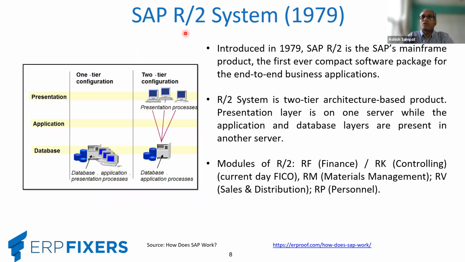And then when R2 was introduced in 1979, that's when RK, that is controlling, came in for the first time. Now, a lot of practitioners may remember RF. Many of our finance programs start with RF. If we talk about F.01, which is our trial balance or profit and loss statement or balance sheet report, its technical program name behind the scenes is RFBILA00.